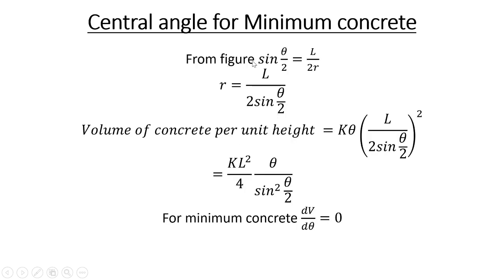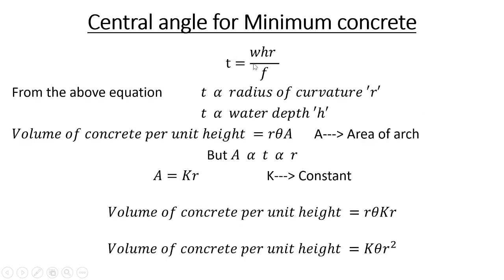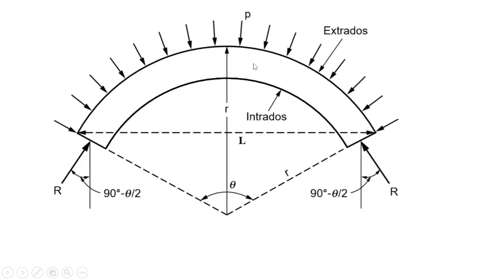Now from the figure, our previous figure used in thin cylinder theory, if you take sine theta by 2, sine theta by 2 will be opposite side, that is L by 2, divided by hypotenuse, which is small r.